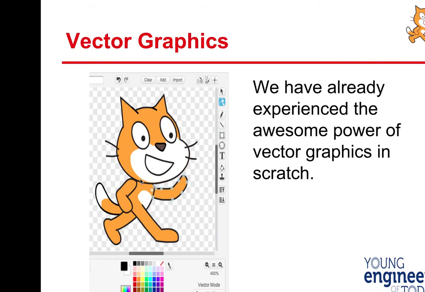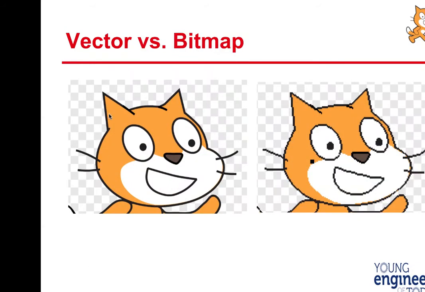You can make Scratchcat bigger or smaller, and you can even edit Scratchcat's graphics, and it looks smooth and nice. Whereas this is an example of a bitmap version of Scratchcat. It's just pixelated. You can see the straight lines that make up Scratchcat.